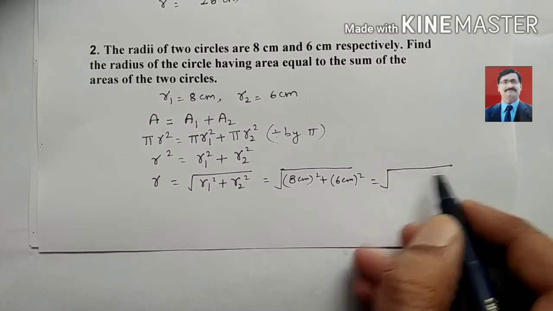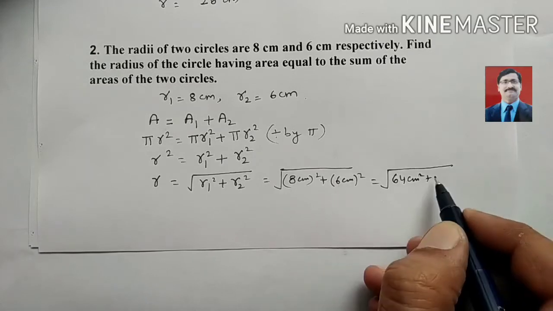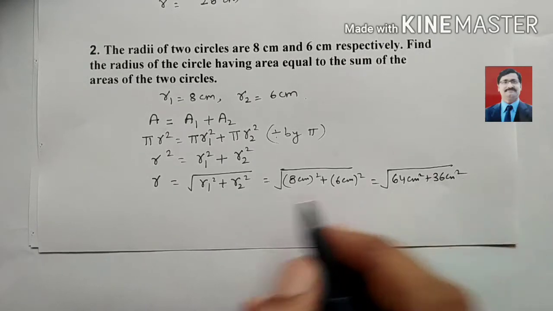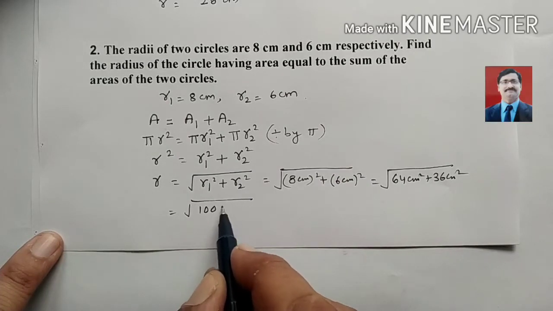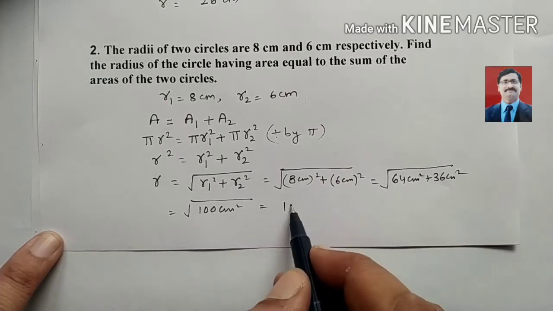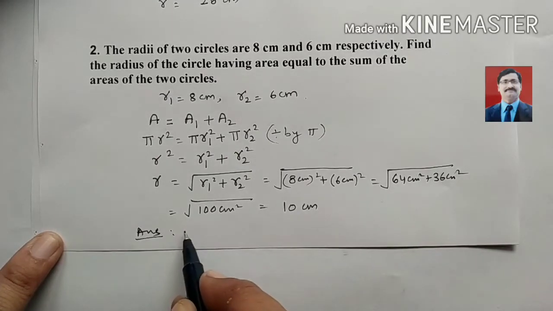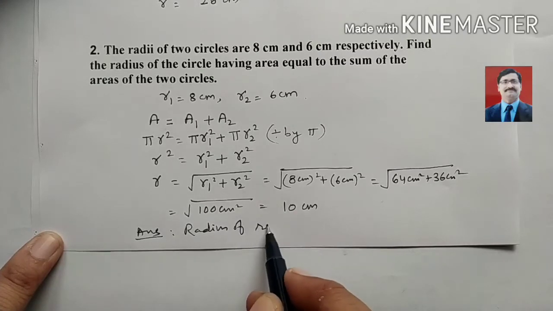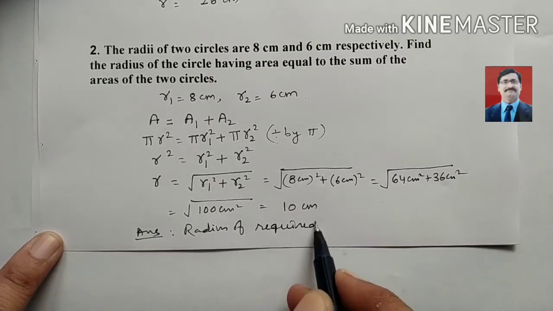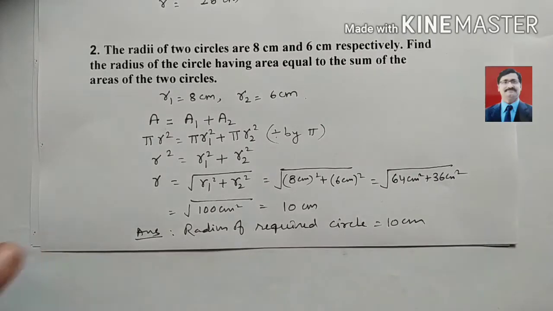Now 8 square is 64 centimeter square and 6 square is 36 centimeter square. So we get 100 centimeter square, and the root of this is 10 centimeter. So the answer: the radius of the required circle is equal to 10 centimeter. All of you understand this?